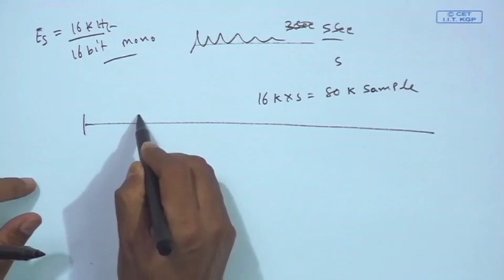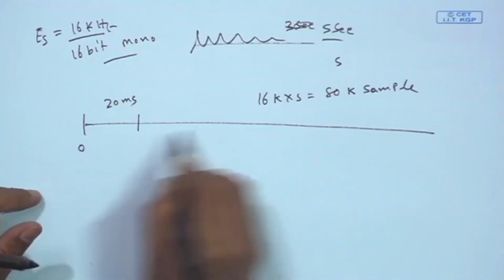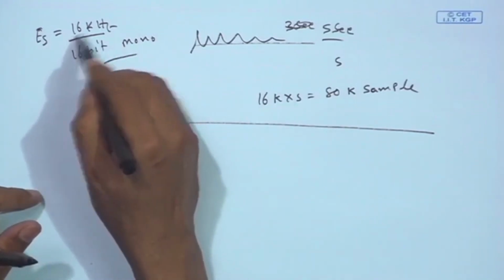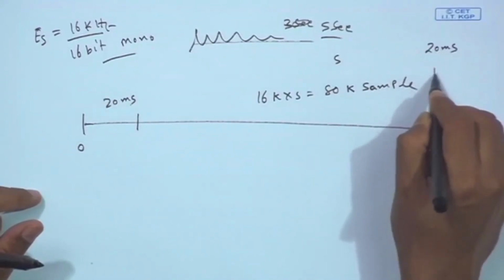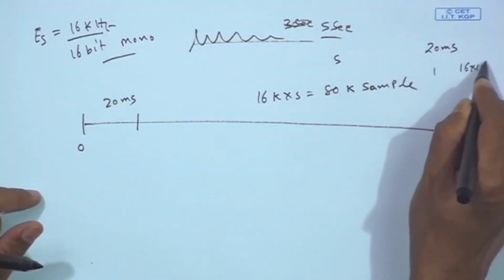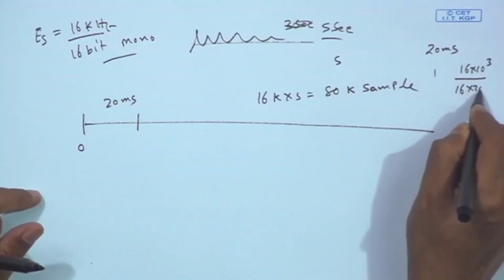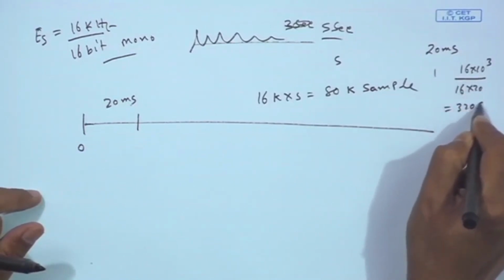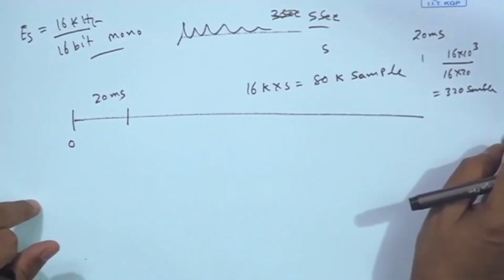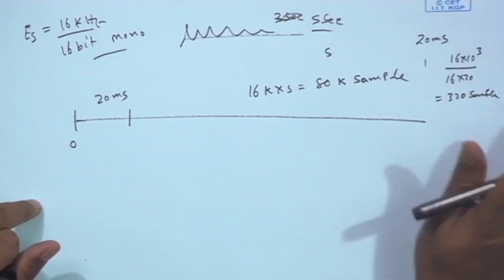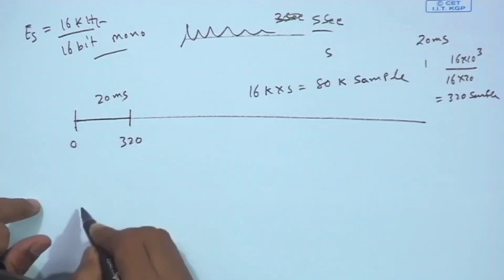I take a window of 20 millisecond. If Fs is 16 kilohertz, how many samples will be there in 20 millisecond? In 1 second there are 16k samples, so in 1 millisecond 16 samples. So, for 20 millisecond I get 320 samples. I take the first frame, 0 to 320.